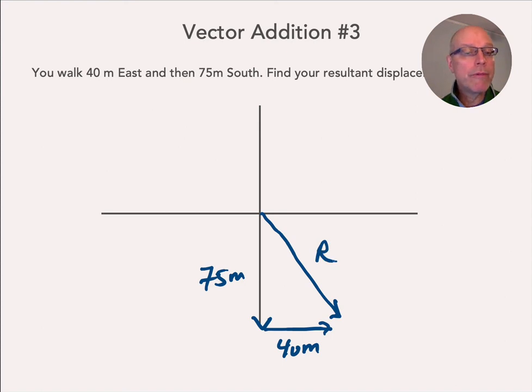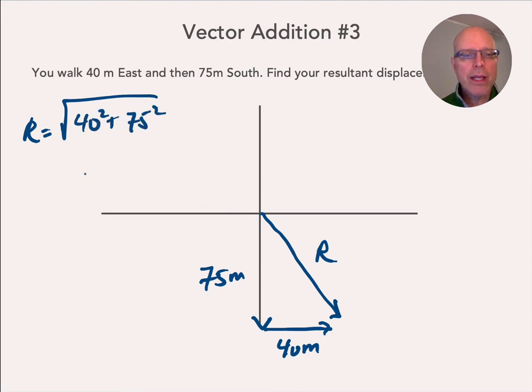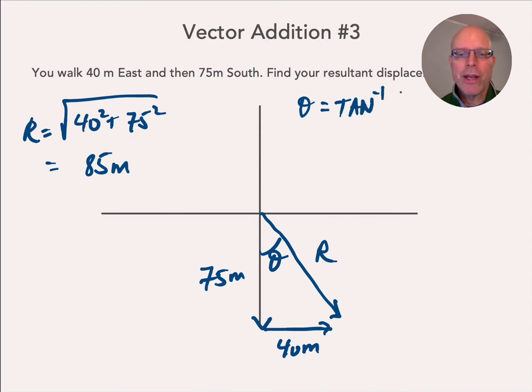And so as we did before, r is going to equal just the hypotenuse, so 40 squared plus 75 squared, and that's going to come out to equal 85, like on the nose. Step 2, you want to identify this angle in here, Greek letter theta. So theta equals, to me, at least, tangent to the minus 1 of 40 over 75.